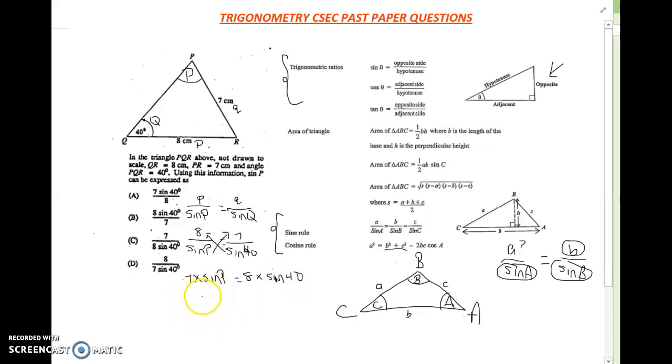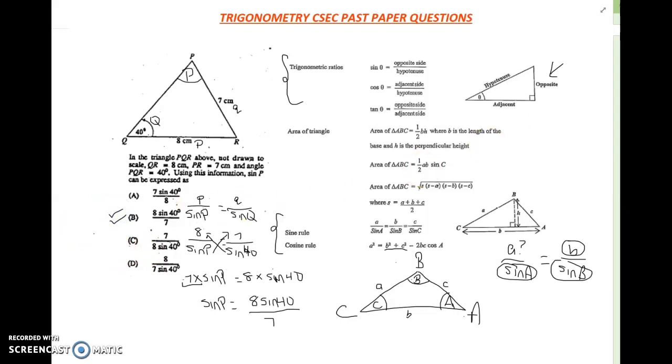So now we're going to carry across this multiplication by 7, so we remain with sine P, and we will get 8 sine 40. Opposite multiplying, that 7 will be divided by 7. So the answer is B, right?